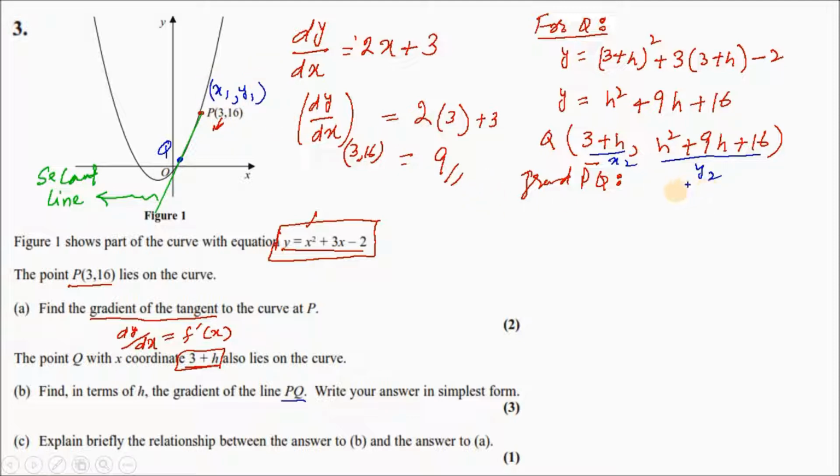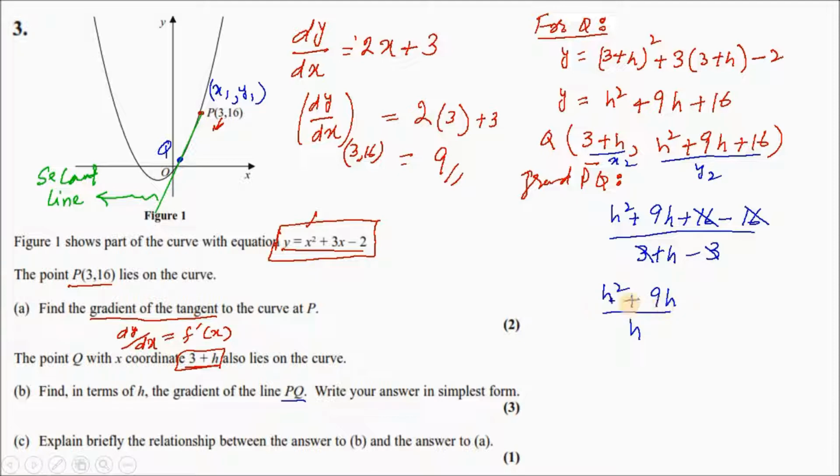So y2 minus y1 gives h squared plus 9h plus 16 minus 16, divided by x2 minus x1, so 3 plus h minus 3. Now the 16s are gone, the 3 is also gone. So only left is h squared plus 9h divided by h.